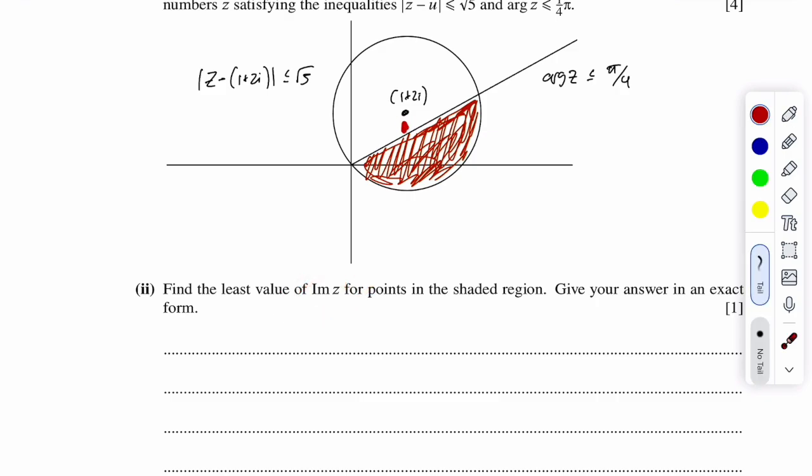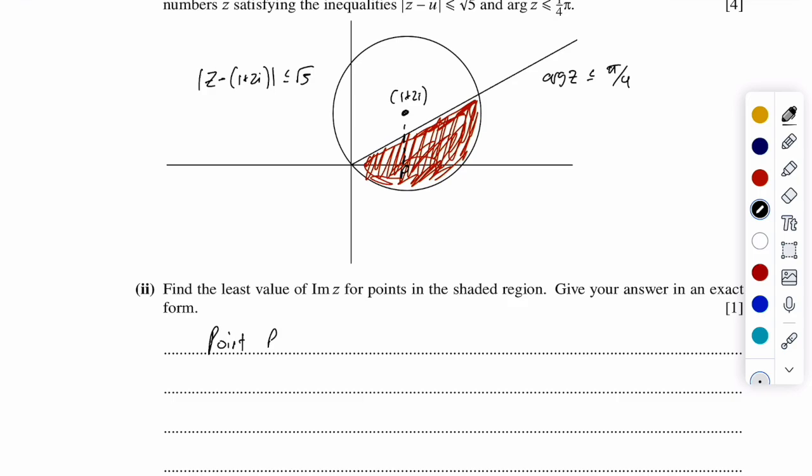In terms of the least value of the imaginary value of z, well, that would lie around here. Imaginary value, so it's all along this axis, vertical. So that's going to be P. Might as well sketch that on as well.